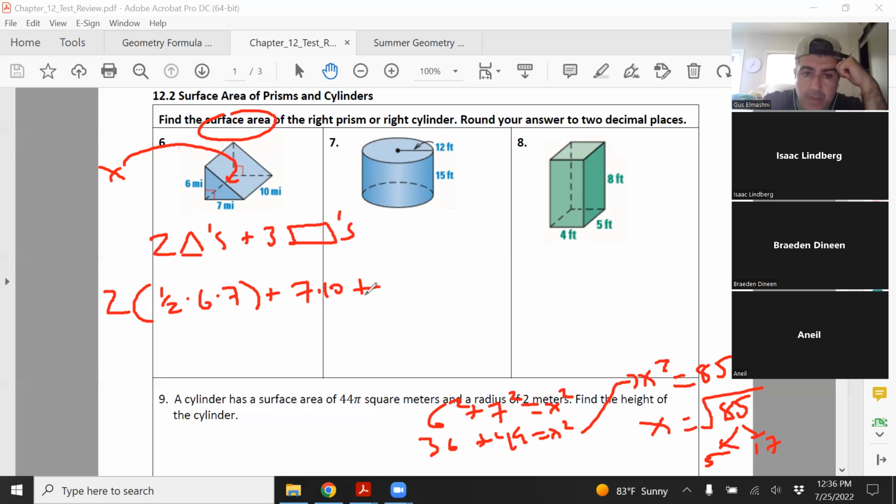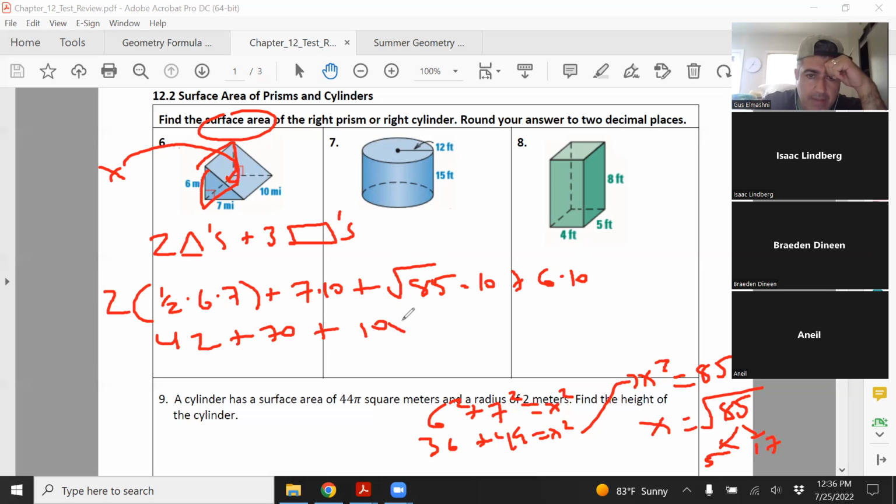So you have another rectangle that's root 85 times 10. And then finally you have this rectangle that's 6 by 10, the one on the far left. Add them up, you should get 42 plus 70 plus 10 root 85 plus 60.